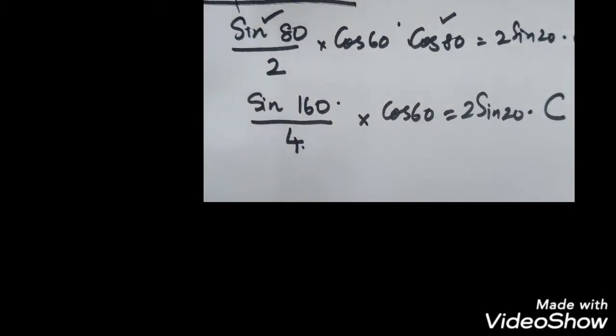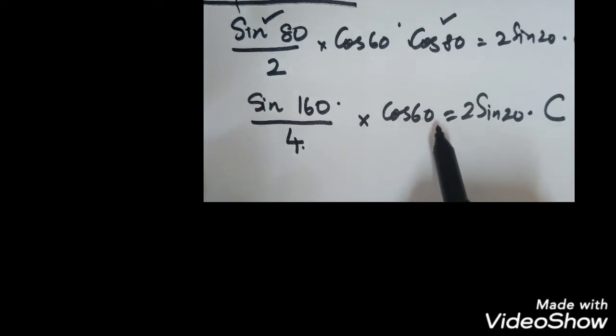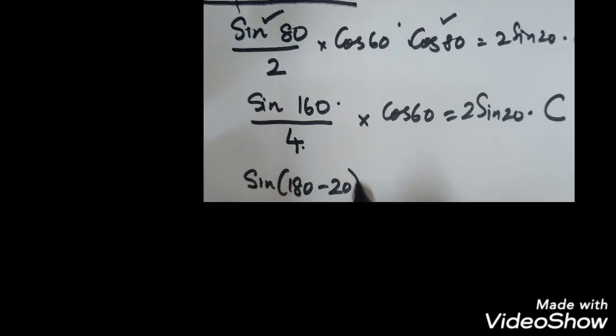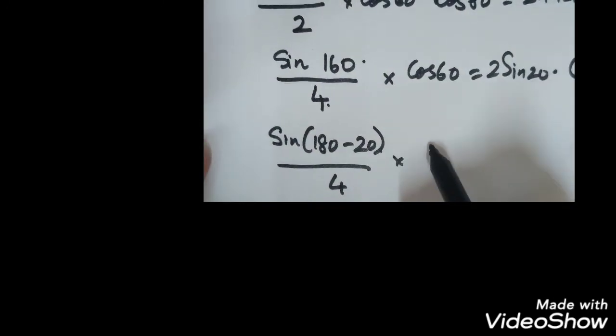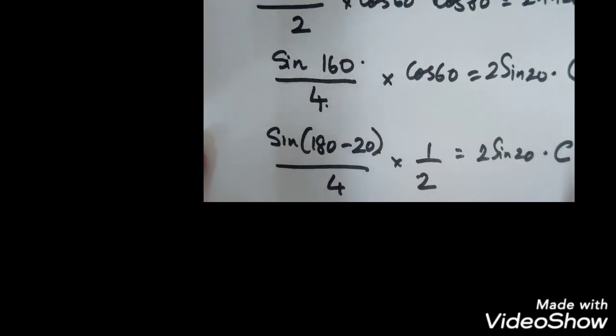Now look at this. This is a very simple equation. Sine 160 into cos 60. So first of all, sine 160 is nothing but sine of 180 minus 20 divided by 4. Cos 60 is nothing but 1 by 2. If you know your tables, sine 30 is 1 by 2 and cos 60 is 1 by 2, is equal to 2 sine 20 multiplied by c.